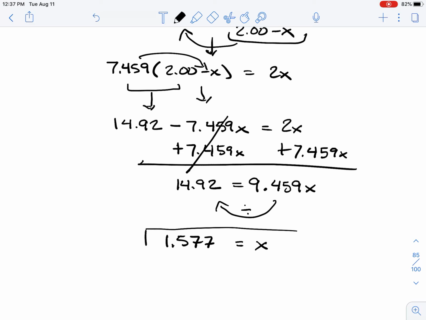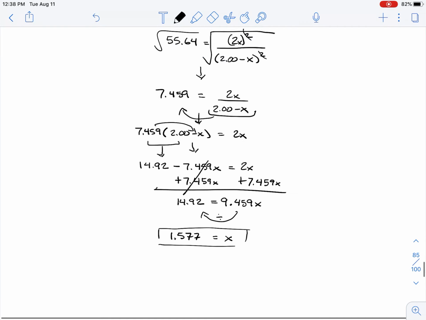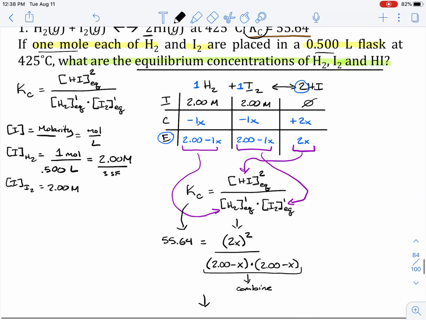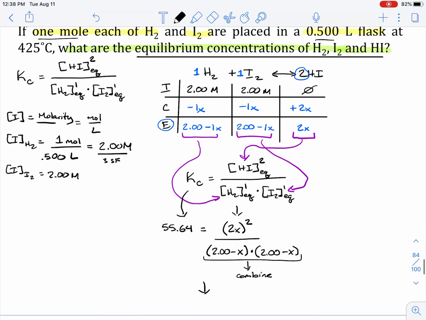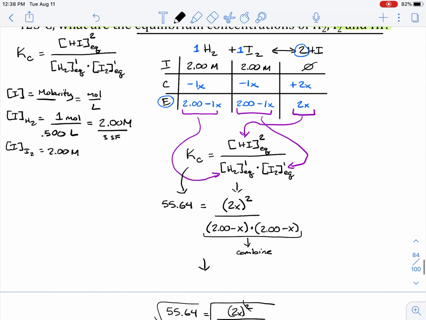And so it's great, you know, we solved for x, which is really awesome, but we actually did not address the question. When you apply the ICE table into the mass action expression, it's only describing the magnitude of that change.